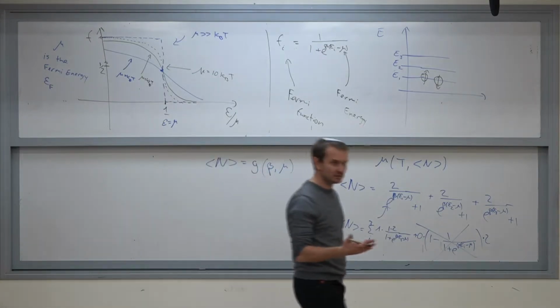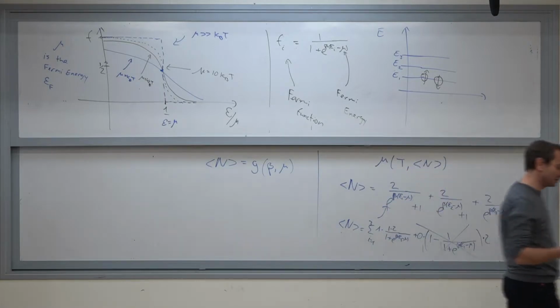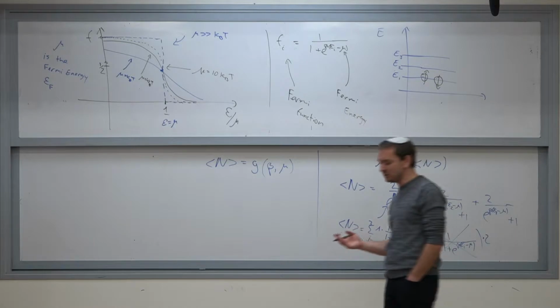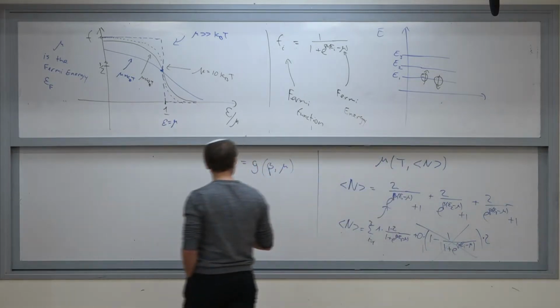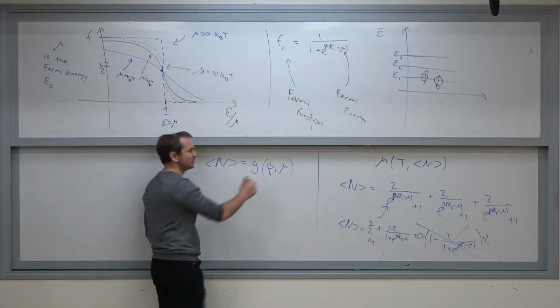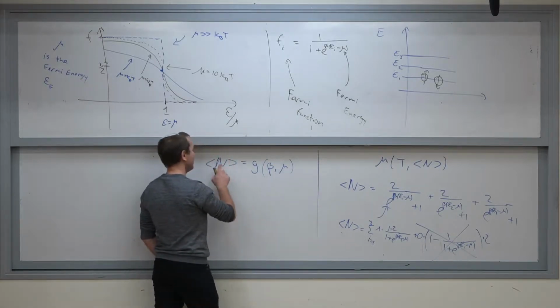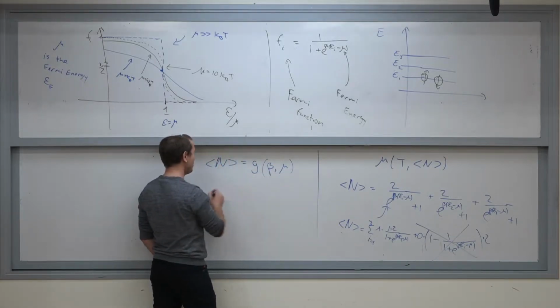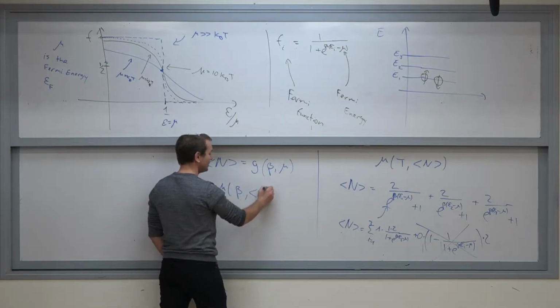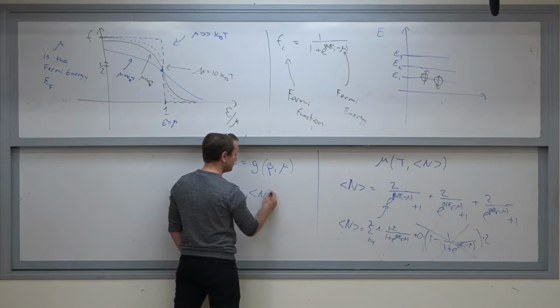They are frozen. This is a given system. We can control the chemical potential because it's in a bath, and we can control the temperature. Now, what we actually want to do is not write n as a function of beta and mu, we want to write mu as a function of beta and n. And we claim that it's always possible to do so.